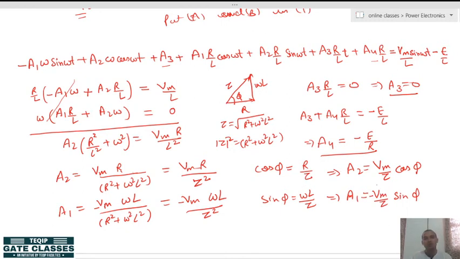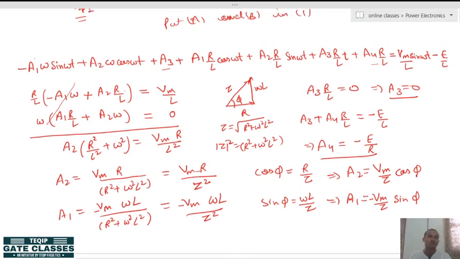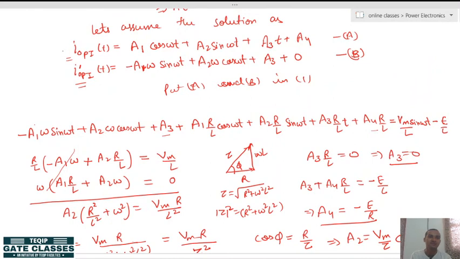Now put all the coefficient values here in this i naught solution which we have assumed.